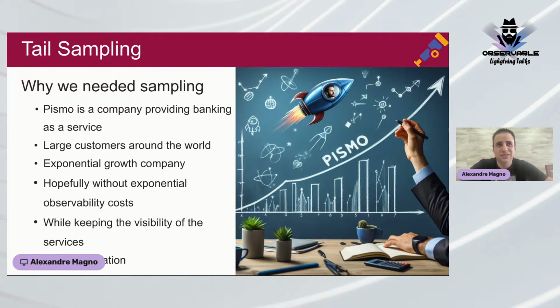And we are under exponential growth. So there are millions and millions of transactions passing through our platform. And with this exponential growth of the company, we hope for no exponential observability costs. So these are the challenges that we have here.